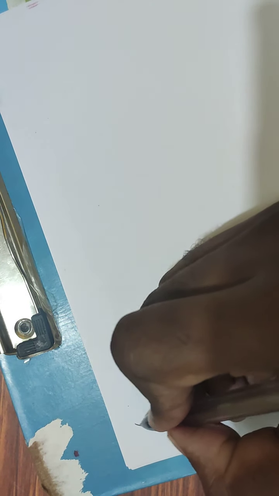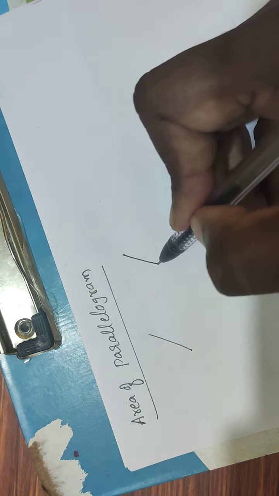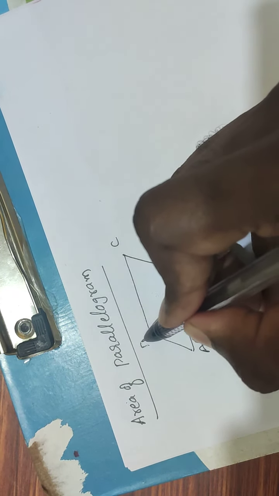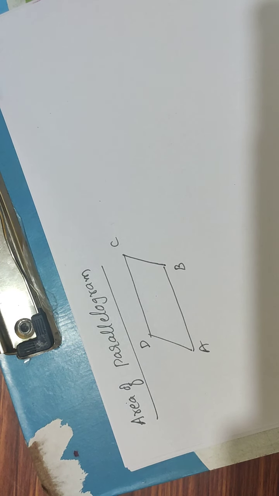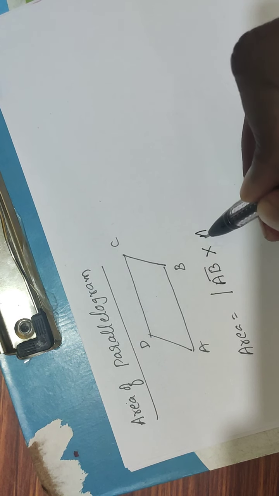Next, the next synopsis is the area of a parallelogram. A parallelogram should be like this: A, B, C, D. Now the area equals, we can write the formula, magnitude of AB bar cross AD bar.